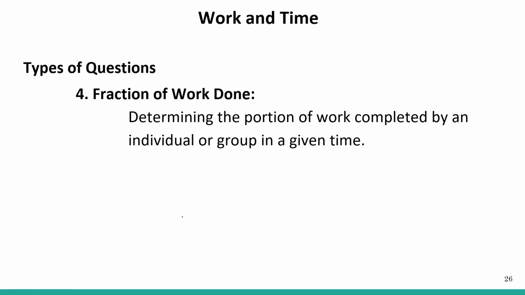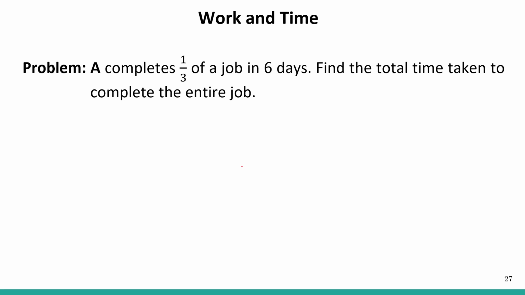Type of question 4: fraction of work done, determining the portion of work completed by an individual or group in a given time. If A completes 1/3 of a job in 6 days, find the total time taken to complete the entire job.